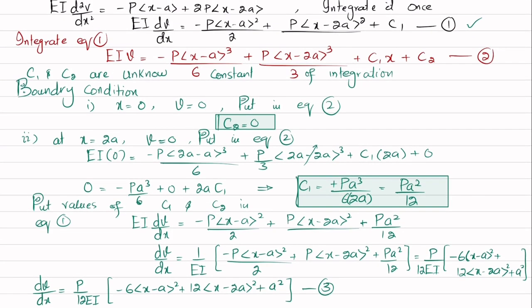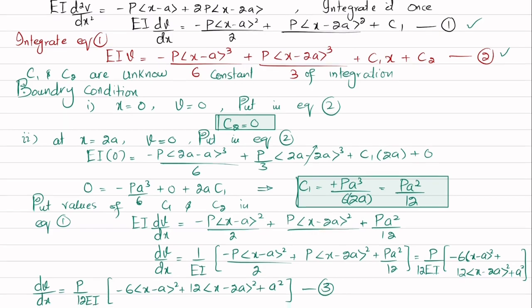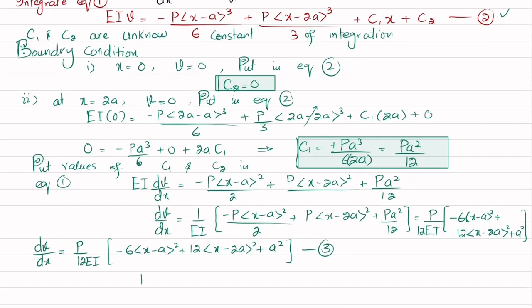This is equation number 3, that is for the slope, and now we will put C1 and C2 in equation number 2 in order to get the equation of elastic curve, which is EI v is equal to minus P times (x minus a) whole cube over 6 plus P times (x minus 2a) whole cube over 3 plus C1, which is Pa square over 12, into x plus C2, which is 0.